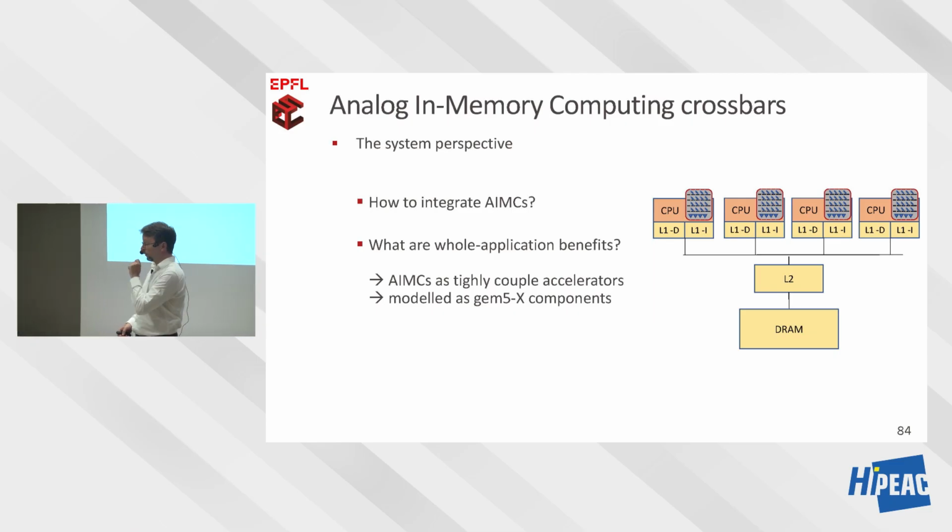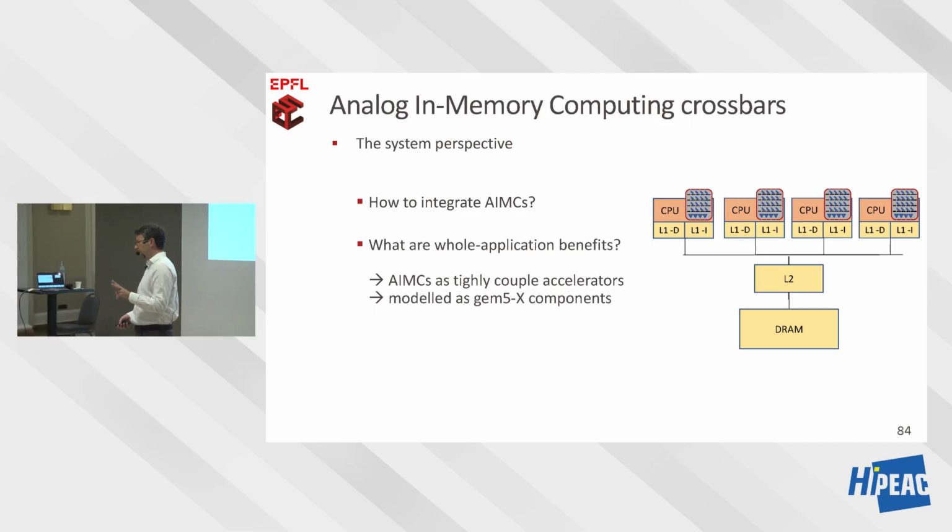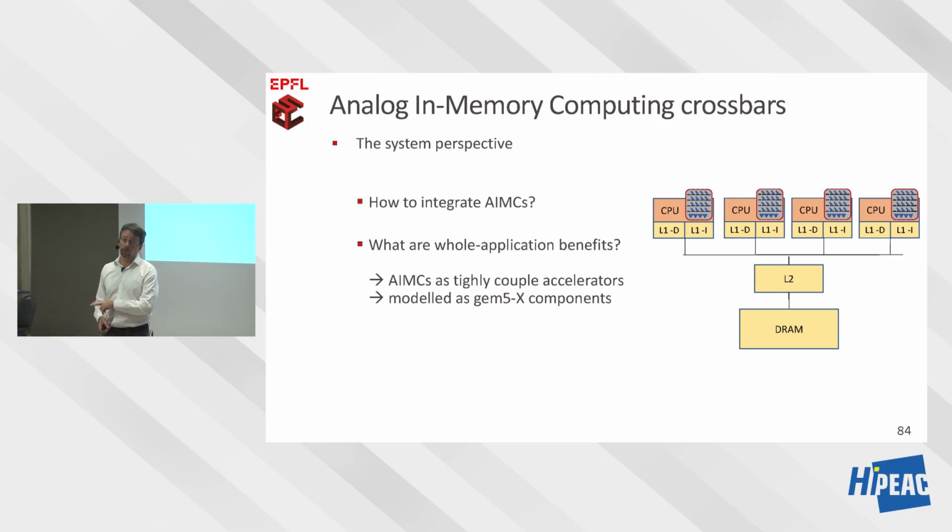Why? Because of two reasons. The first one is that writing to a resistive memory is very expensive. And secondly, because the endurance of this type of memories is pretty low. So you don't want to write to them continuously at runtime. You want to minimize the number of writes which you do.